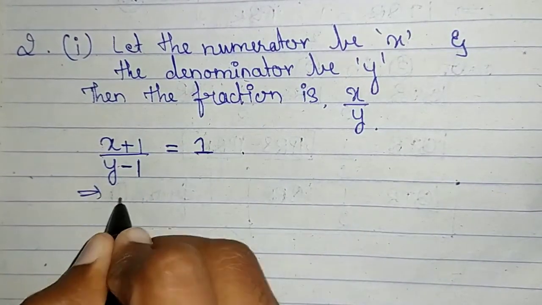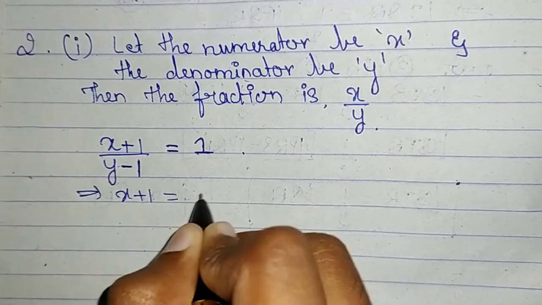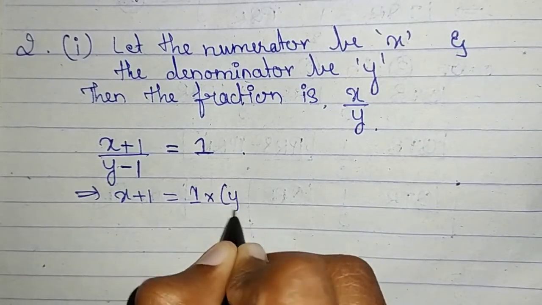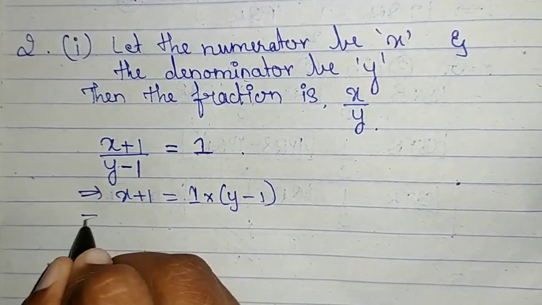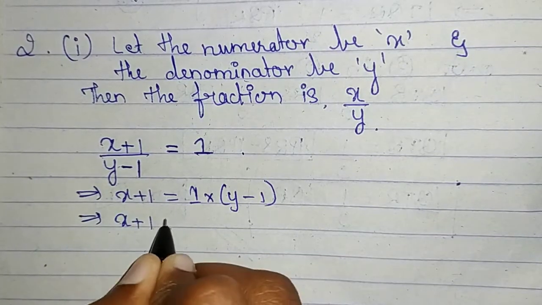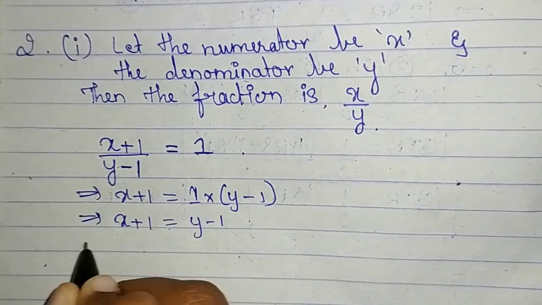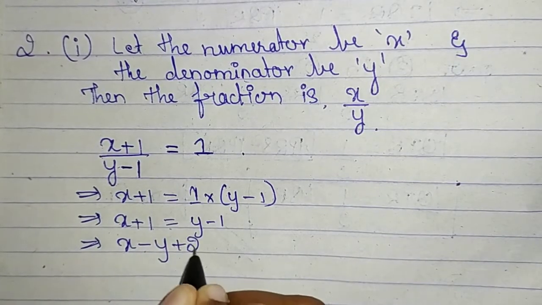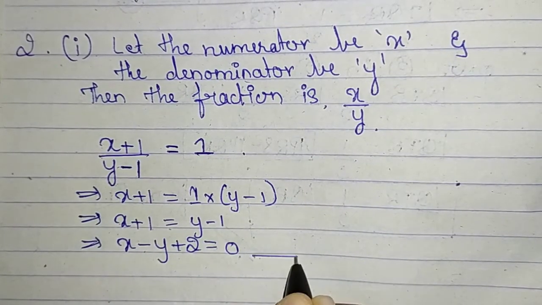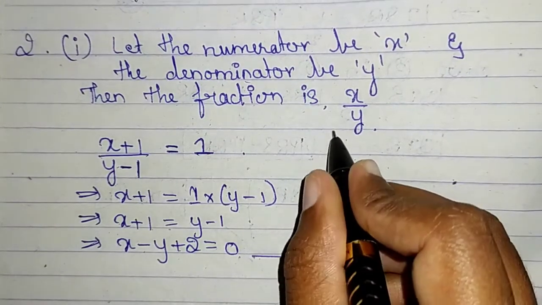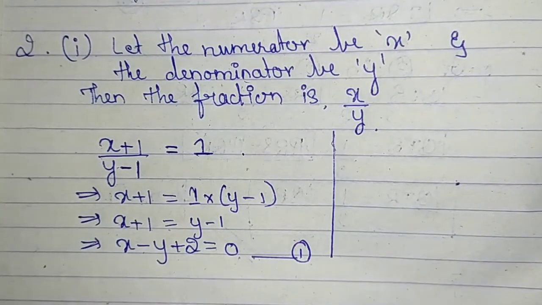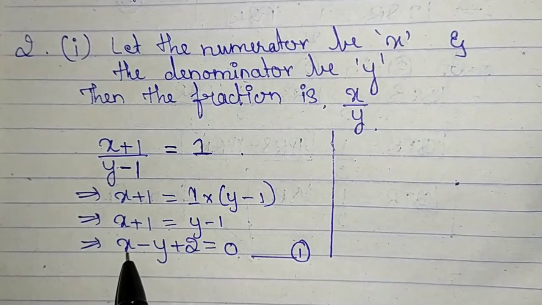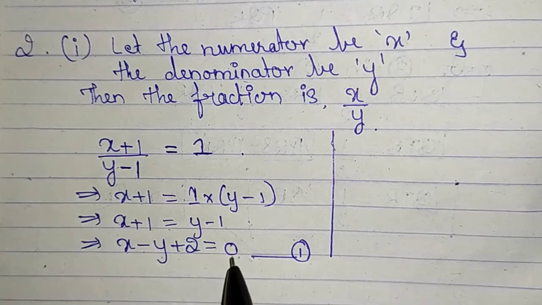So this implies x plus 1 is equal to 1 into y minus 1. So this implies x plus 1 is equal to y minus 1. This implies x minus y plus 2 is equal to 0. This is our equation 1. From the first situation, we got our first equation, that is x minus y plus 2 is equal to 0.